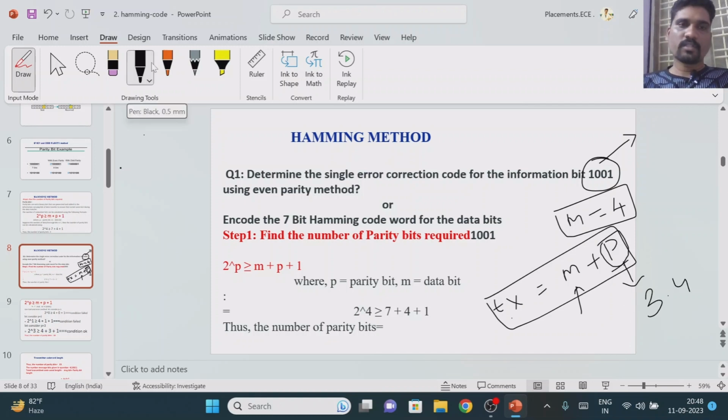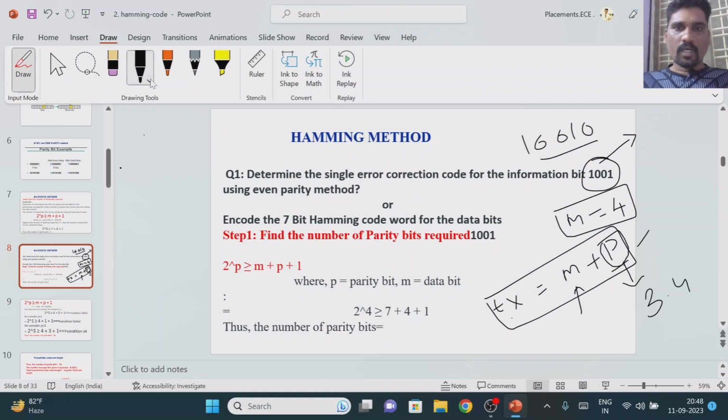In some other question, if the message bit is something like 10010, you may not expect the same parity bit value. So what you have to understand is that depending upon the length of the message bit or data bits, the number of parity bits will vary, right?